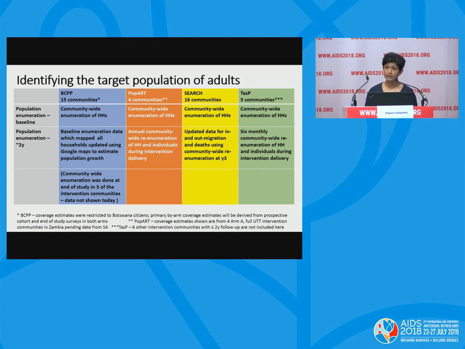SEARCH also did a community-wide enumeration at their final year at the end of the study, and this data was used to estimate the year 2 population, because today we're looking at the results after approximately 2 years of the intervention. And with BCPP, for that latter time point, baseline enumeration data, which mapped all households, is actually still currently being updated using Google Maps to estimate population growth.